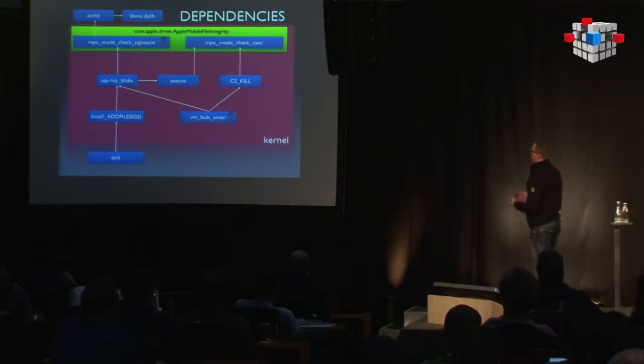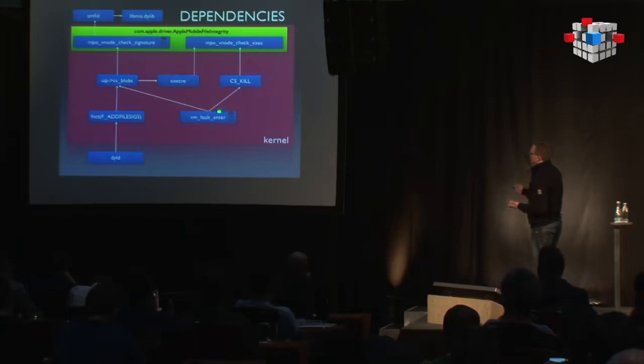If you try to execute a binary with execve, that will trigger a method in AMFI, this one, and this method will add this particular dependency for the whole code signing stuff to work.